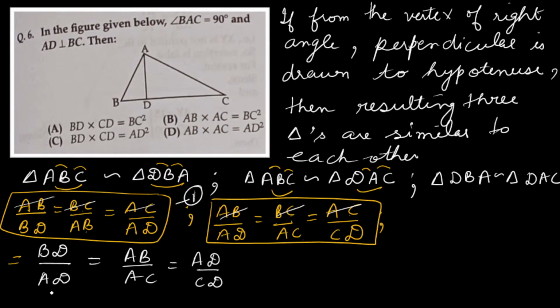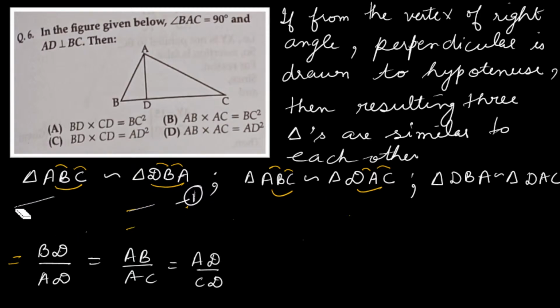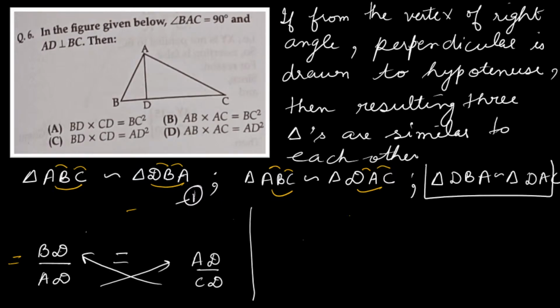So again if I am using these two, last time the ratio I took wrong. I didn't realize maybe. So I think I'll use first and third. If I use first and third, BD into CD equals AD square. Okay, let's check one more time. She is mentioning that if I use the third one we will get it.